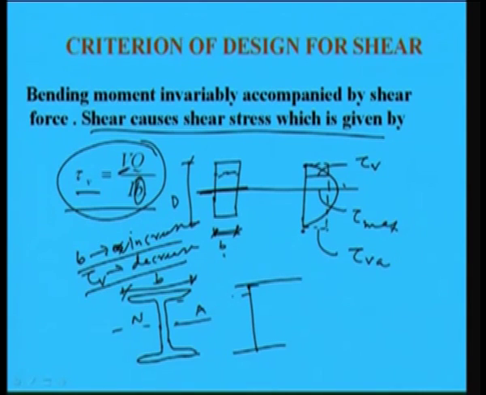So, this will become something like this, then suddenly it will jump here, right. Because B is reducing, it will jump here and then it will develop like this. So, shear stress tau V will be developing like this. This is the maximum, tau max.